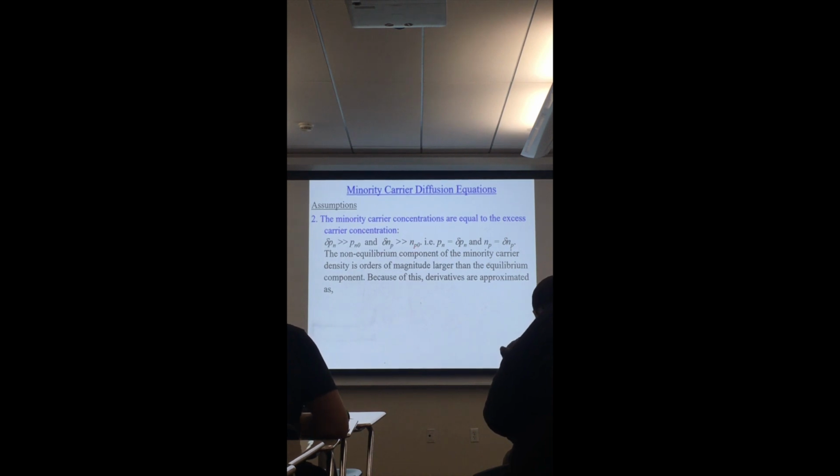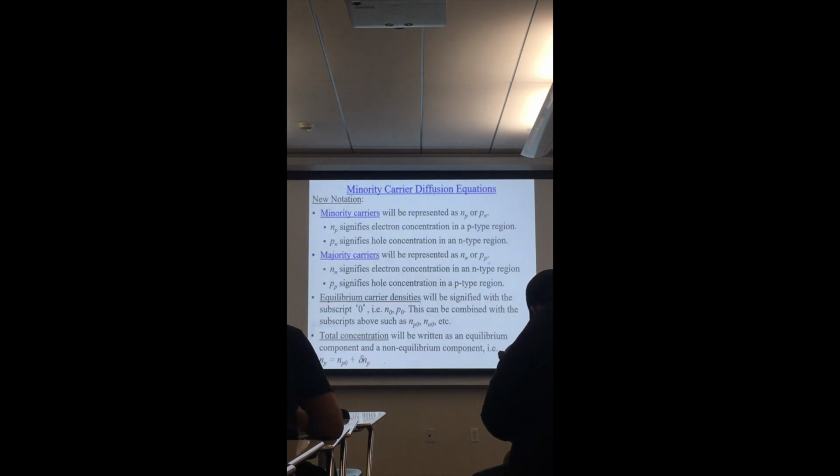Okay. So for this assumption, we will see that this minority carrier concentration is dominated by the excess term. So basically, we just need to use this equation, right? If this delta term, this non-equilibrium term, is much larger than the equilibrium term, we can basically ignore the equilibrium term.